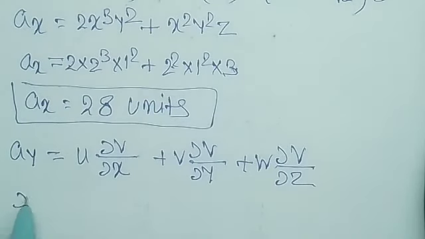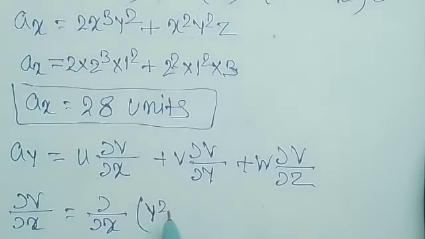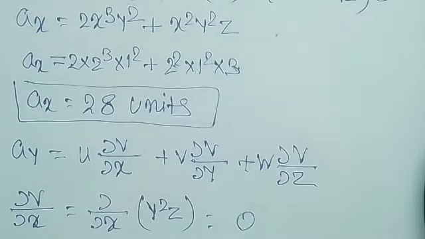So ∂v/∂x is equal to ∂/∂x of v, and v is equal to y square z. We don't have an x here, so it will be 0.